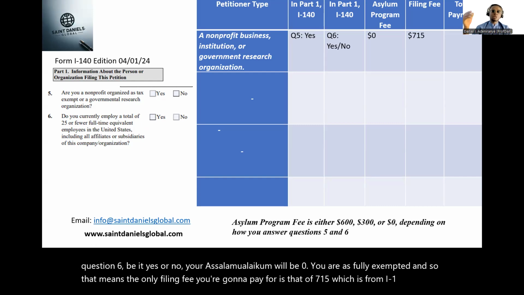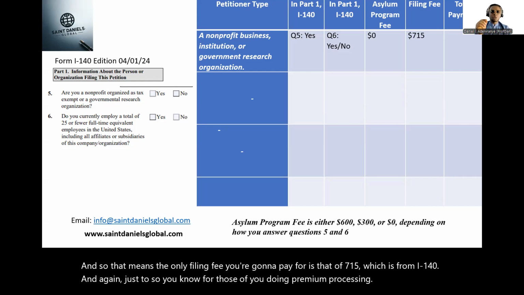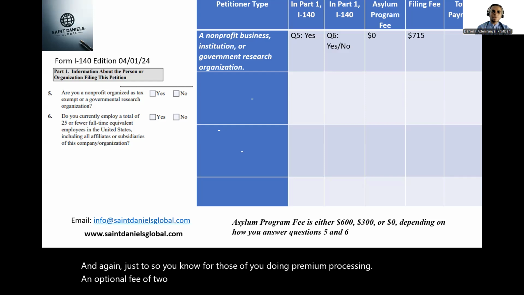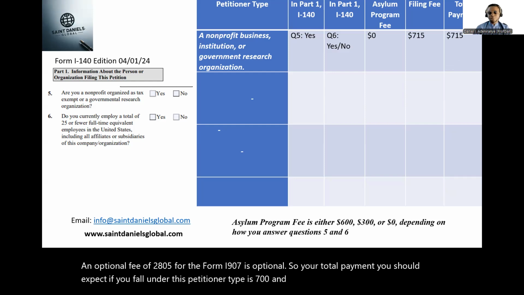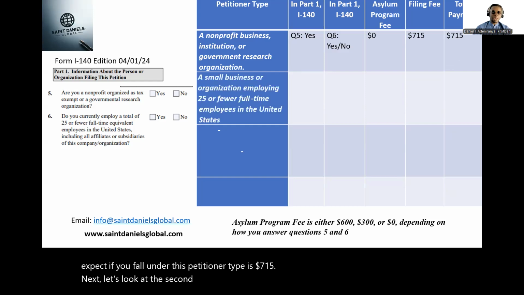And again, for those of you doing premium processing, that's an optional fee of $2,805 for the Form I-907. So your total payment, if you fall under this petitioner type, is $715.